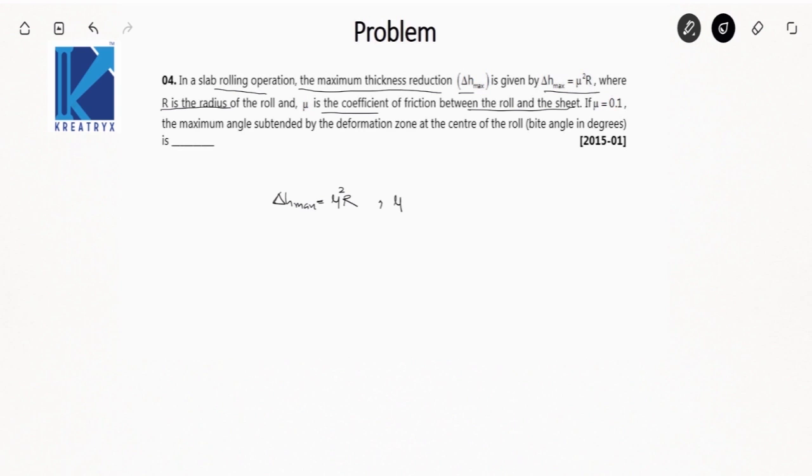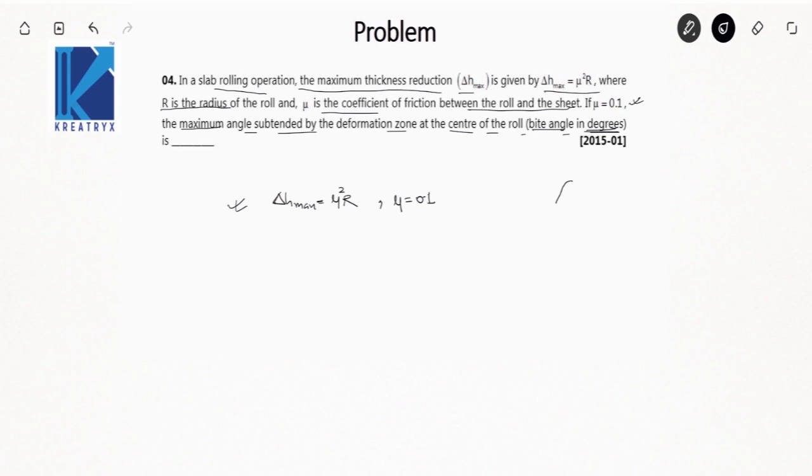They have said that mu is equal to 0.1 here. Now they are asking the maximum angle subtended by the deformation zone at the center of the roll, and the angle which they have asked is in degrees. So one formula is already given here.